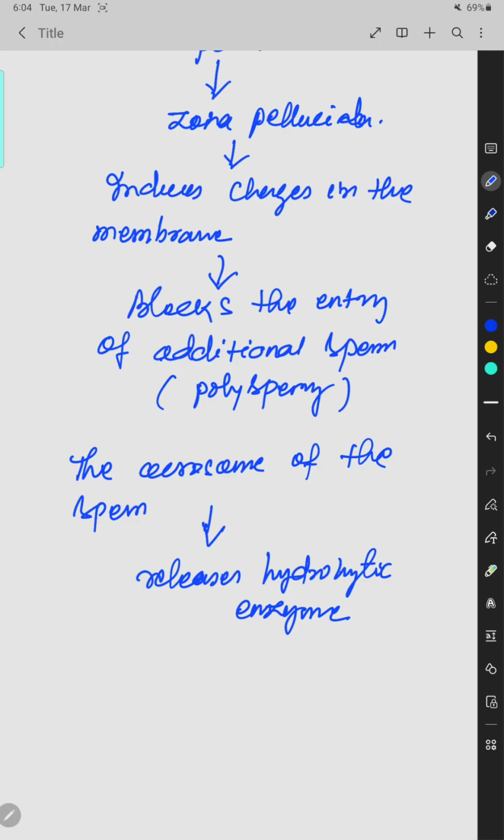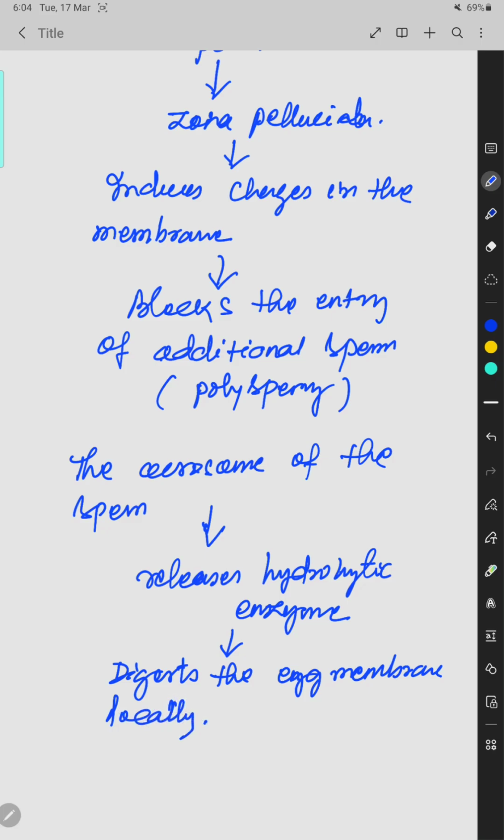That name is not given in your textbook, that's why I am not giving it to you. And this digests the egg membrane locally, meaning wherever it comes in contact, it digests it there.